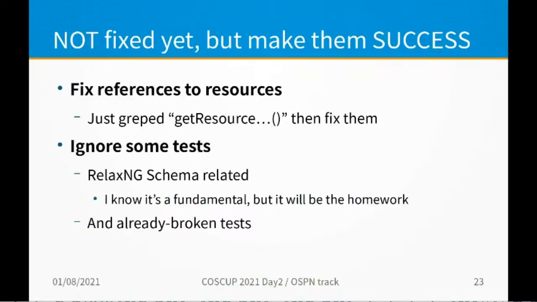And I ignored some tests, for example the RelaxNG test related ones. I know this is fundamental, so I should avoid ignoring this test, but this should be my big homework. Anyway, there are also some already broken tests. Of course I want to fix them also, but this is another homework.